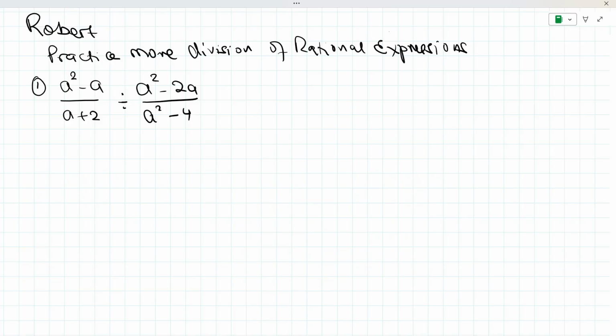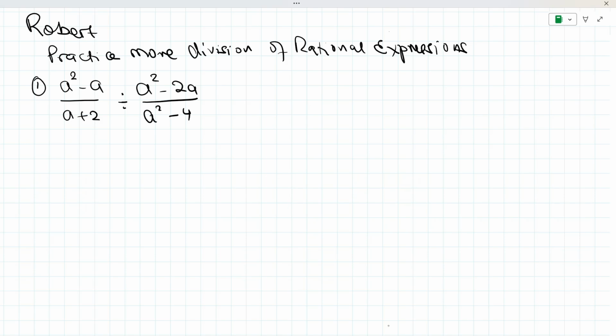The way we go about solving this kind of division problem of rational expressions is very similar to what we did before in our previous lesson. We have to factorize every term that we have following the properties of fractions.